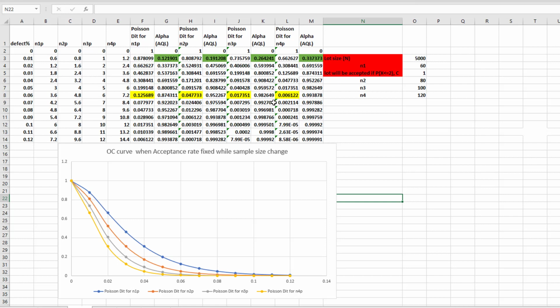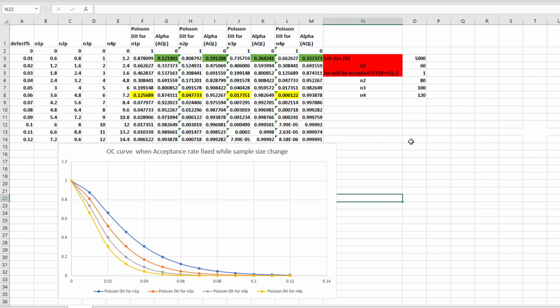For example, keeping C equal to 1 and increasing the sample size makes getting a lot accepted by the customer tougher. Only 2 bad products will get the lot rejected, and the likelihood of finding those 2 defects is greater in a sample of 120 than in a sample of 60. Consequently, the producer risk increases.